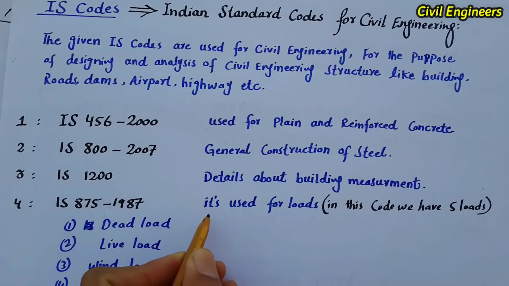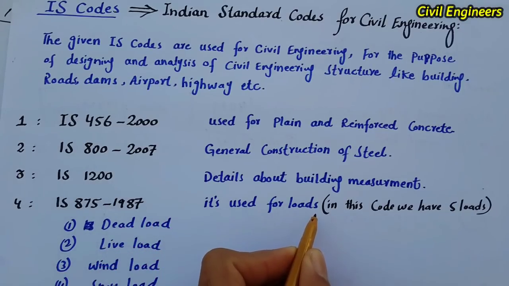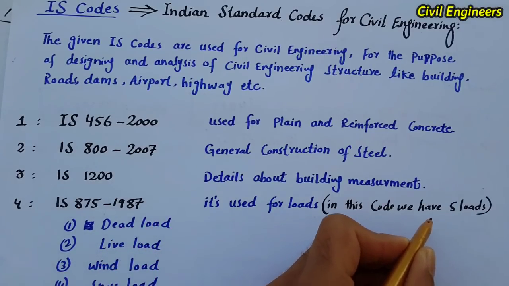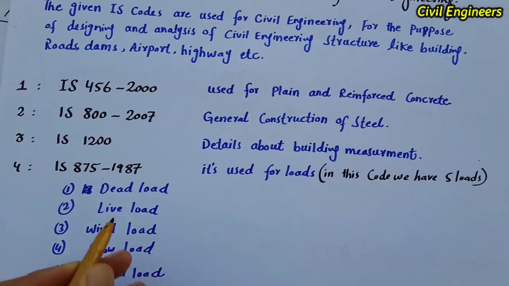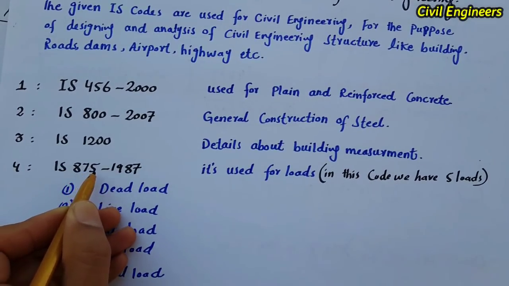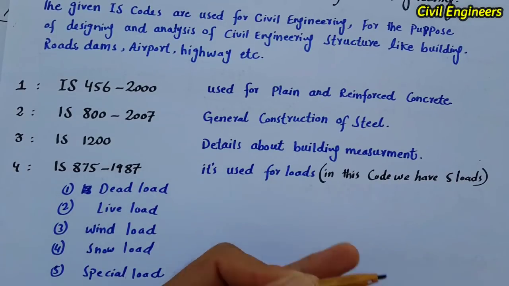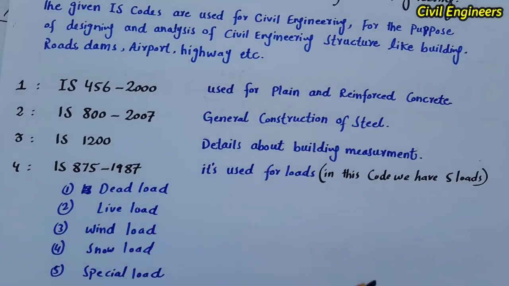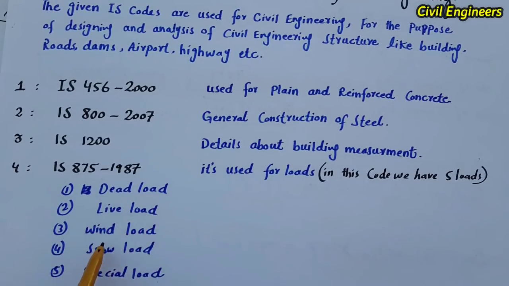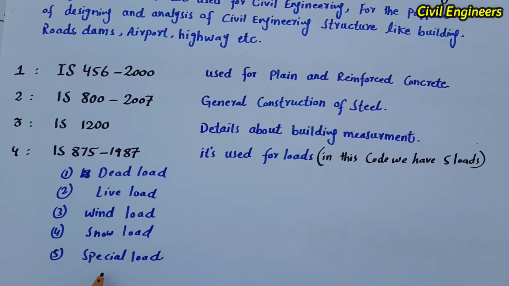875-1987. In this code you can learn about loads, and in this code we have 5 loads. So in IS 875-1987 you can know all about the loads. There are 5 loads: dead load, live load, wind load, snow load, and special load.